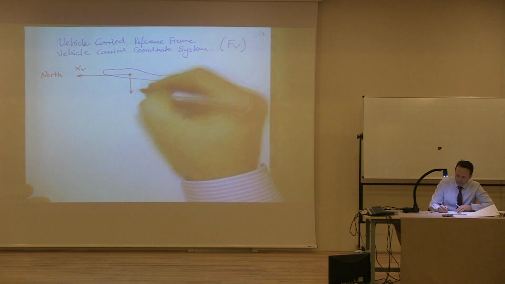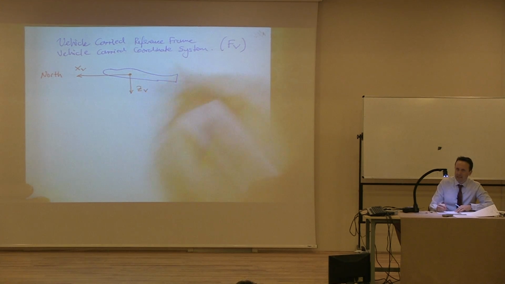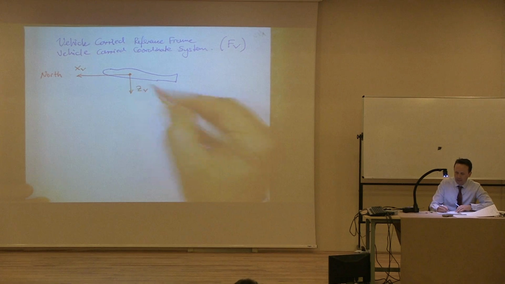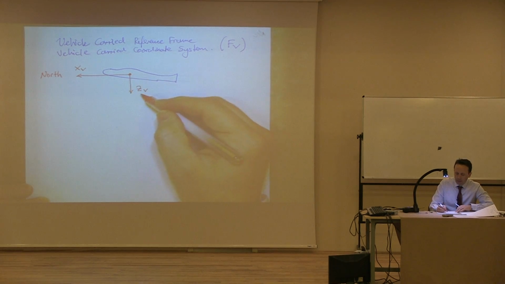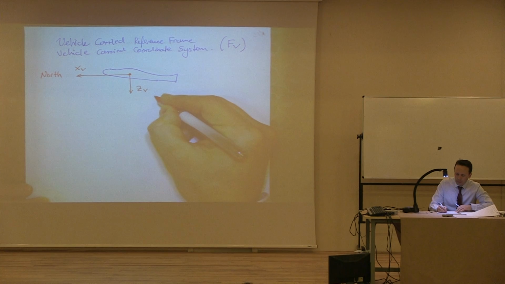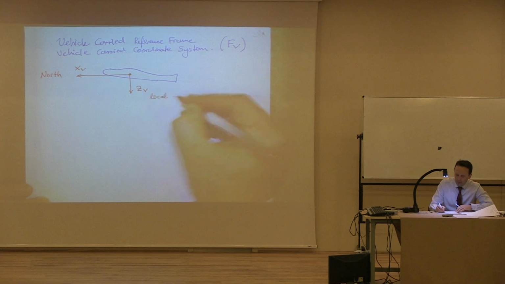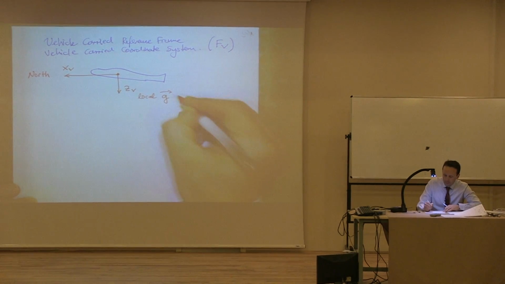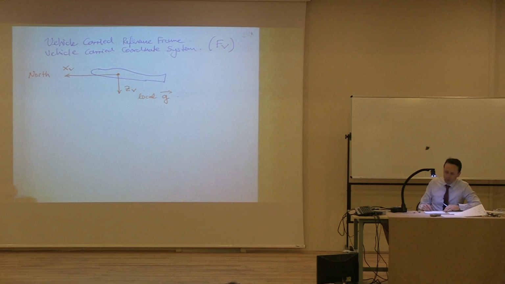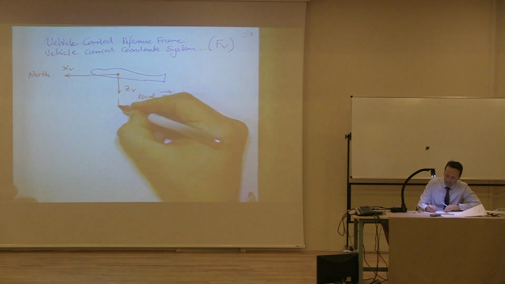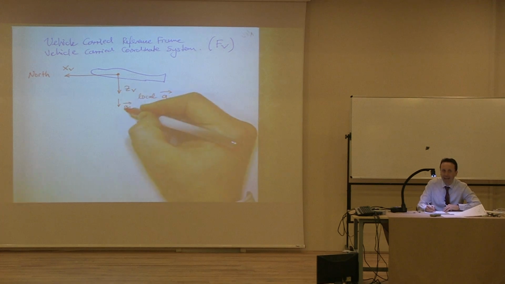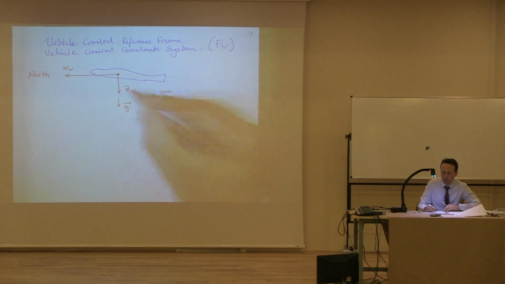And ZV, actually this ZV is the deciding factor, the deciding axis. ZV is pointing towards the local gravity vector. So the Earth acceleration is in this direction, so ZV must be along G. Okay? This is the most important one. ZV has to point towards the gravity vector.